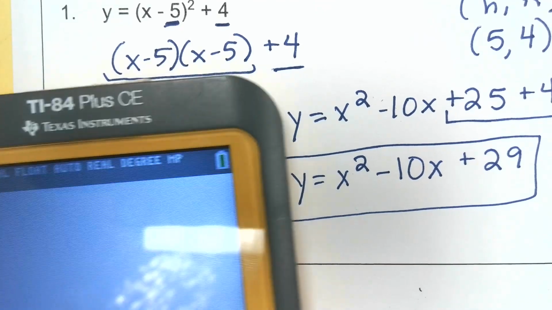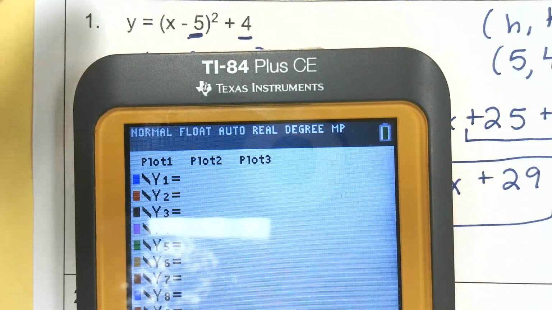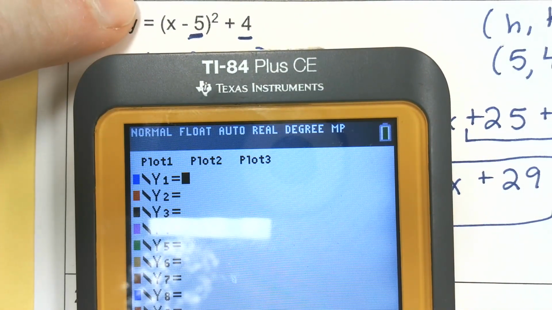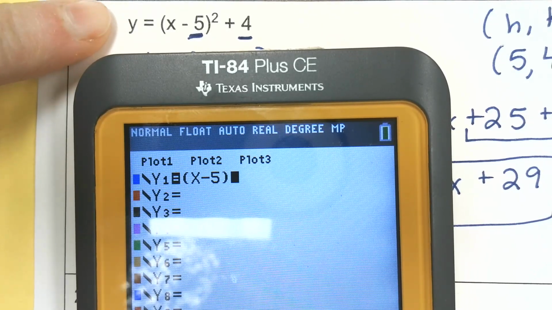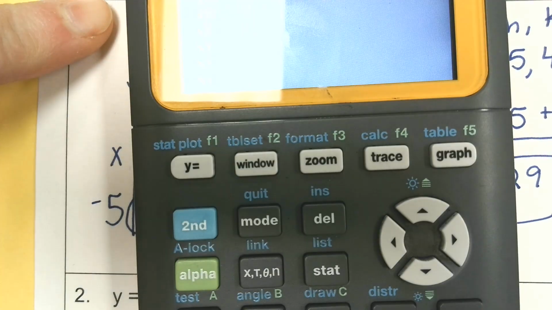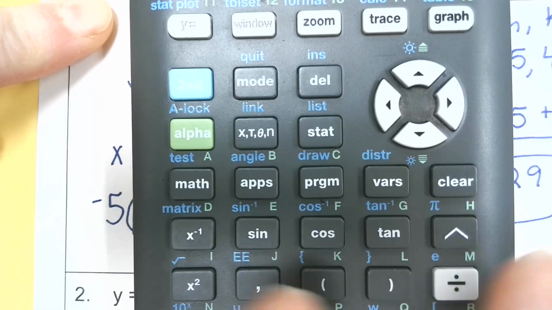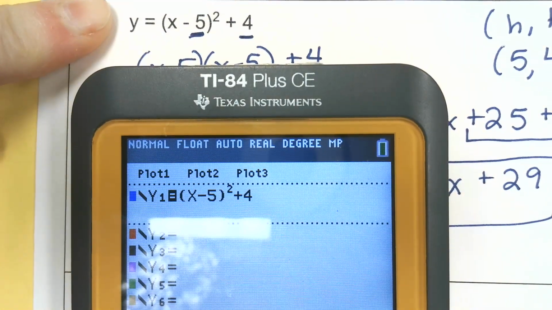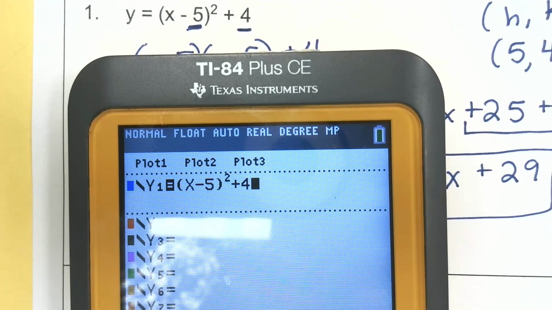So the way we graph is we go to y equals, and we are going to put this in parentheses, x minus 5, close parentheses, squared. So remember, squared is right there where it says x squared. And then plus 4. And then let's hit graph.